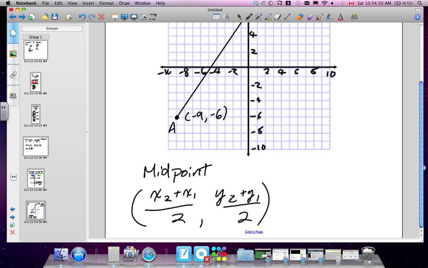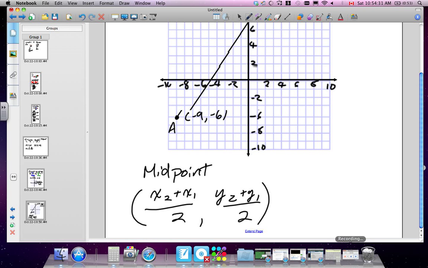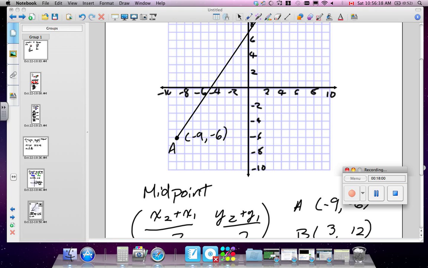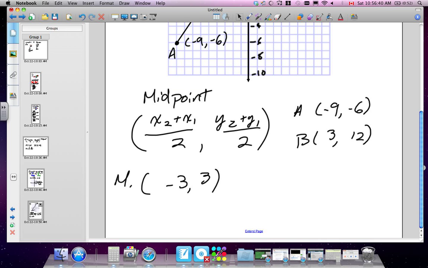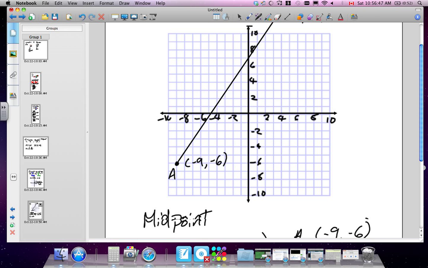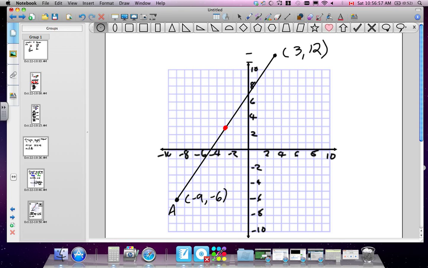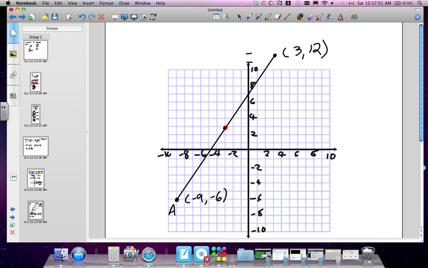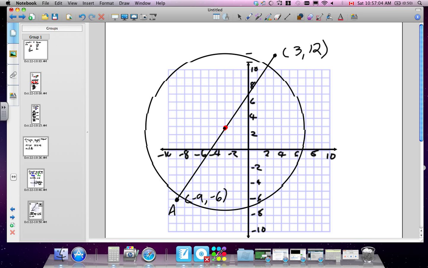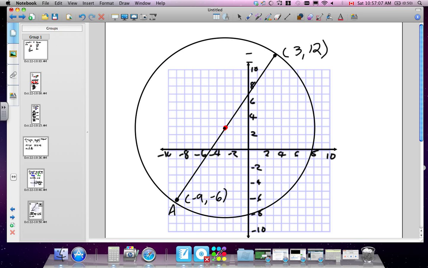Okay, so let's say you plugged all those numbers into the midpoint formula. We plug these in, and we discover the midpoint was at -3 and 3. So that means the midpoint of the diameter, or the center of the circle, is at -3 and 3, which is great. That looks like it would be the exact center of a circle. So when I go to actually draw this, because I actually have to use the center, that's about right.